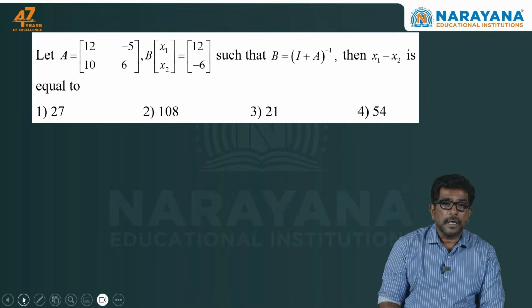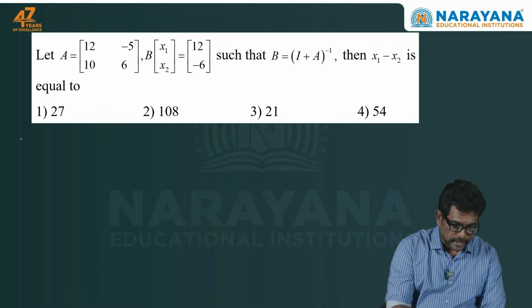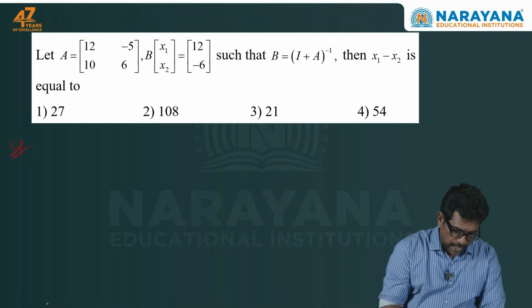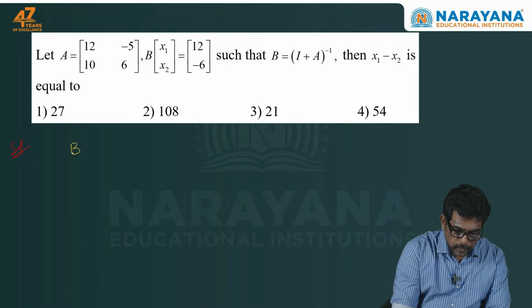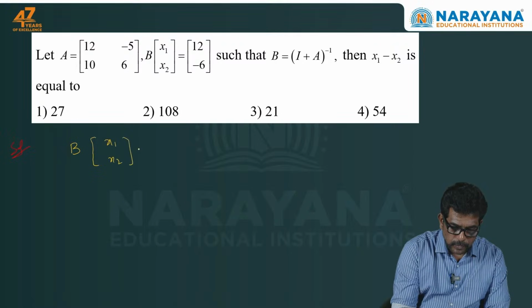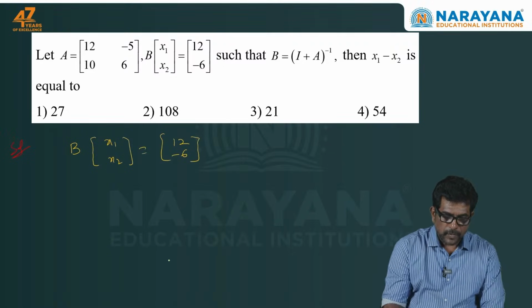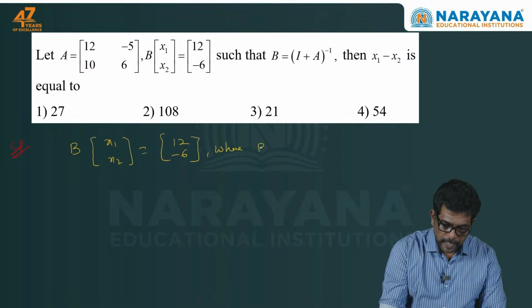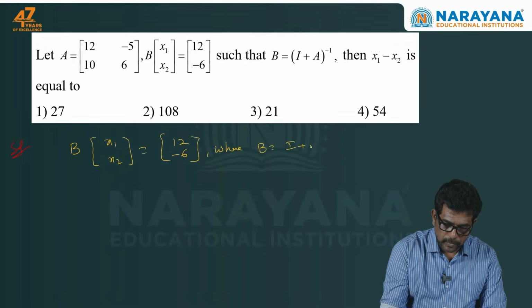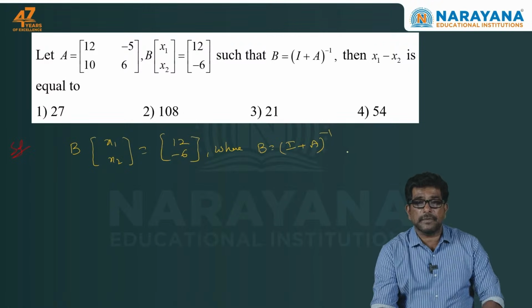First of all, observing the given matrix equation: B into matrix [x1; x2] is equal to [12; -6], where B is equal to (I plus A) whole inverse. That means B is an invertible matrix.